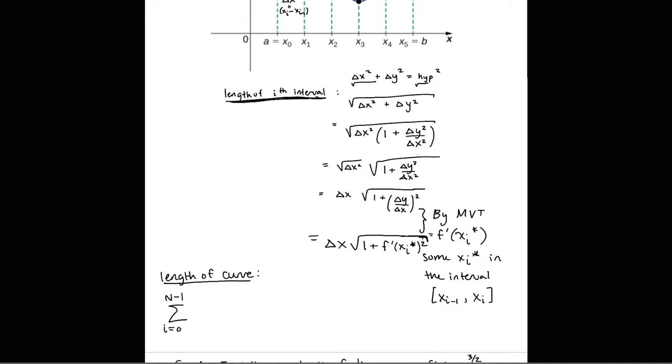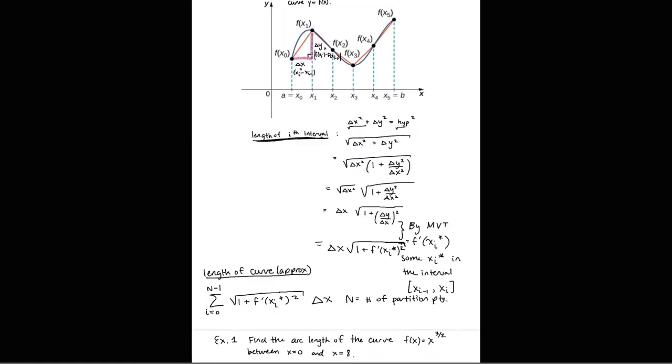And we have the sum of the square root of 1 plus f prime of x sub i star quantity squared times delta x, where n is the number of partition points, slices, whatever you want to call it. And that gives us the approximate length of this curve.